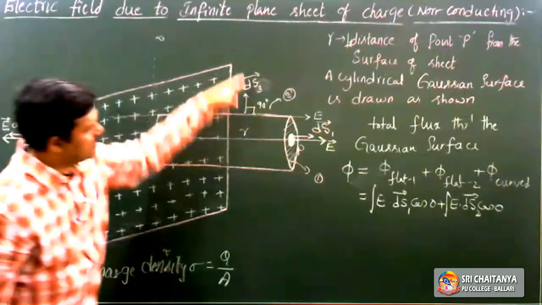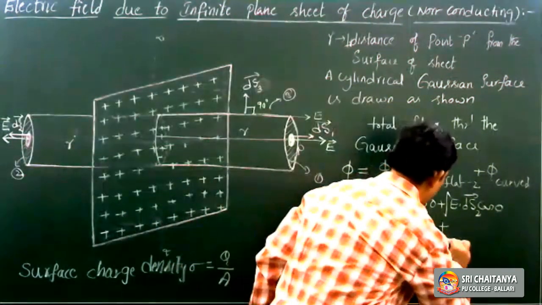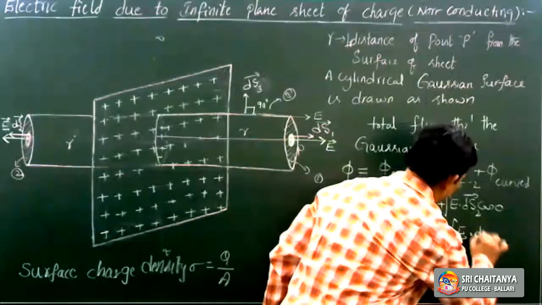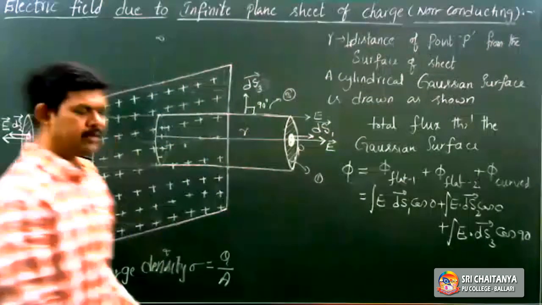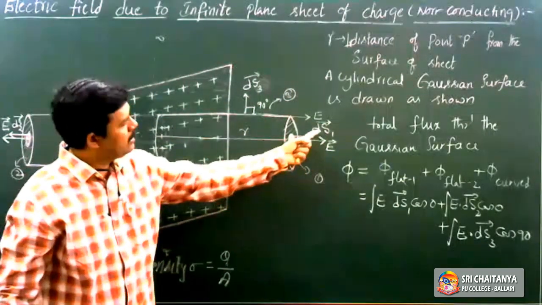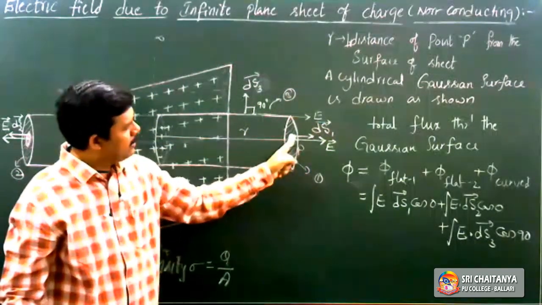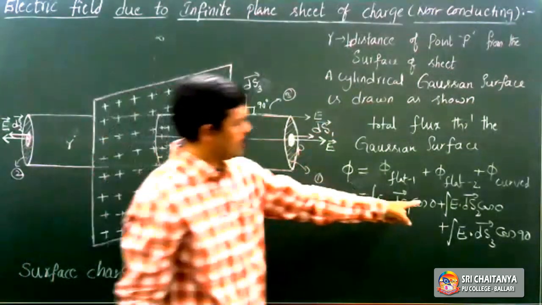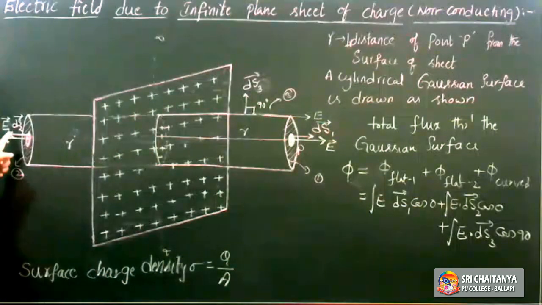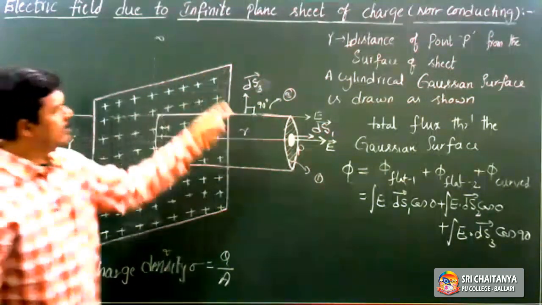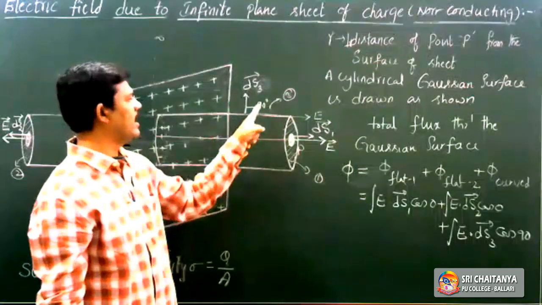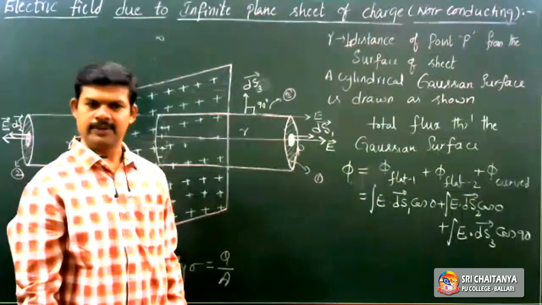For this curved surface, integral E dot ds3 cos 90, right? So for this surface, E dot ds1 angle, as these two are parallel, cos 0. For this surface, E dot ds2, as these two are parallel, cos 0. For this curved surface, E dot ds3 cos 90, right?